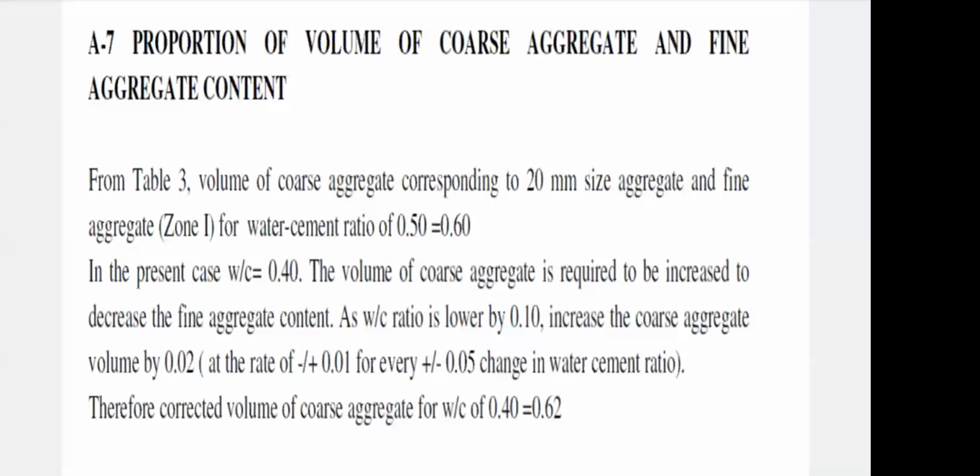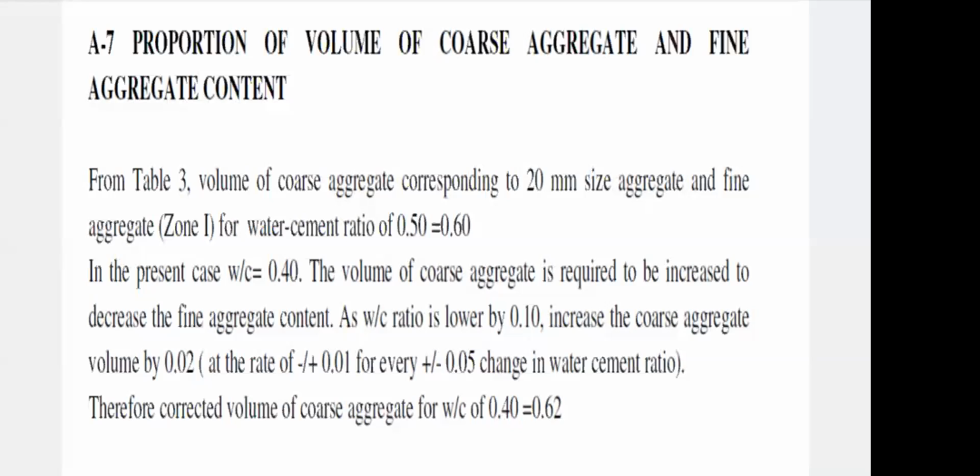How does 0.1 come? It comes from 0.05 plus 0.05, which gives you 0.1. So you will need to add 2 times 0.01, which is 0.02.